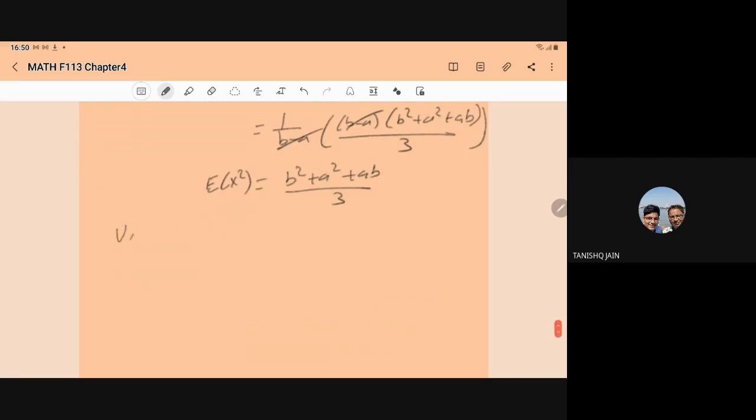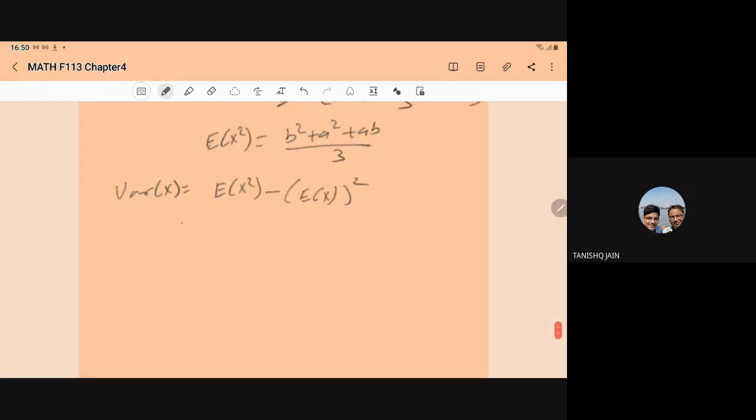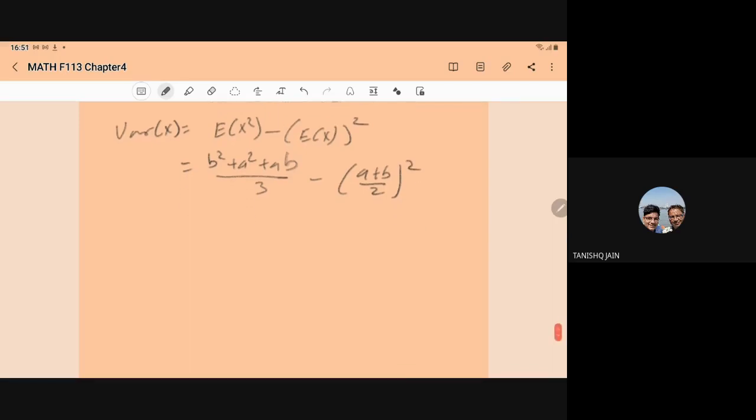So now for the variance of x, the computational formula or shortcut formula is E of x square minus square of Ex. So this is b square plus a square plus ab upon 3 minus a plus b upon 2 whole square.